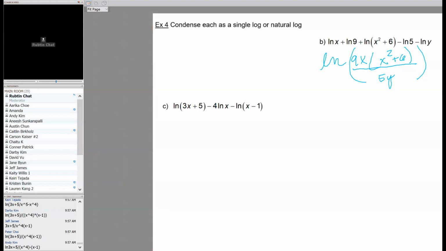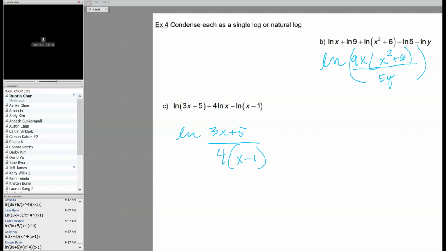Okay. Very nice. And when you're doing these, some of you were missing parentheses. Now, you wouldn't have this problem if you were writing it. But some of you left out parentheses, like, maybe you did this, 3x plus 5 over 4, x minus 1.